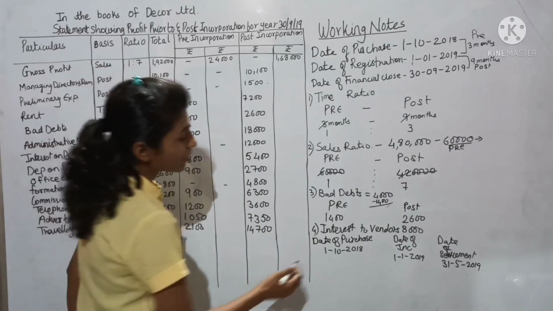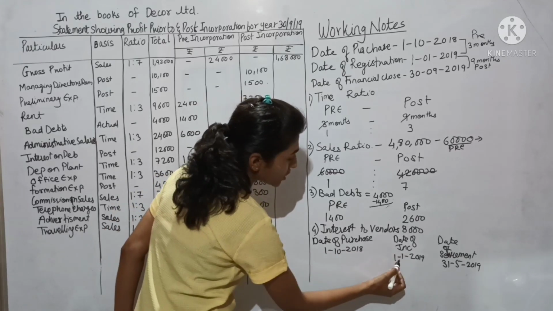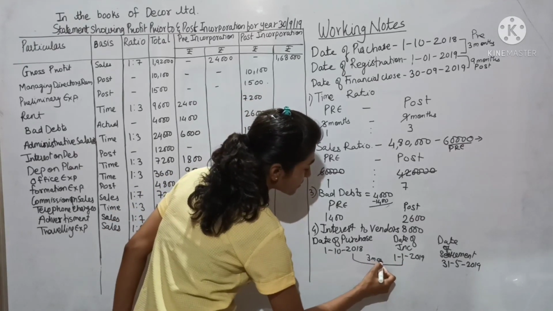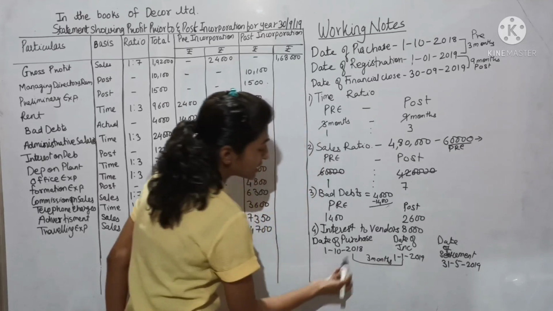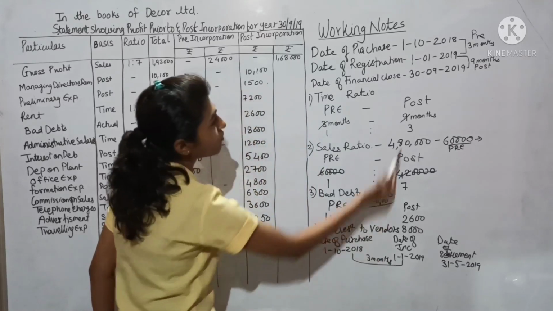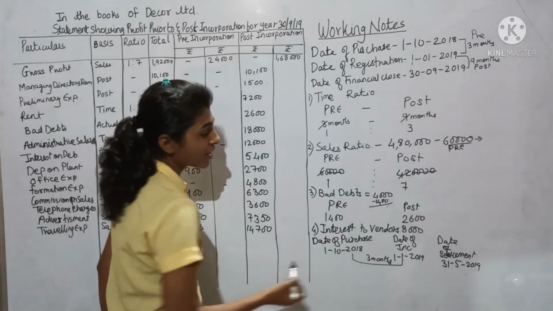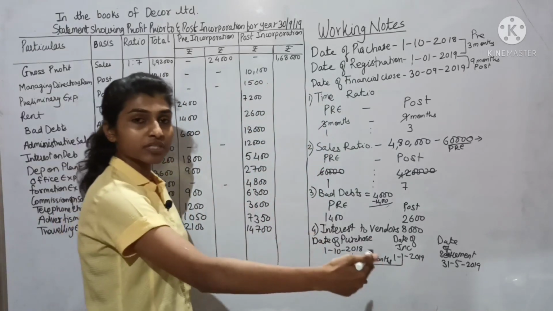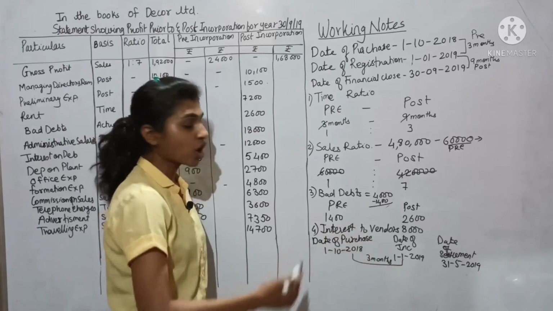Now see, from date of purchase to incorporation, how many months? 3 months. That means these 3 months are already pre-incorporation. And after 1st Jan 2019, we start the post-incorporation period.